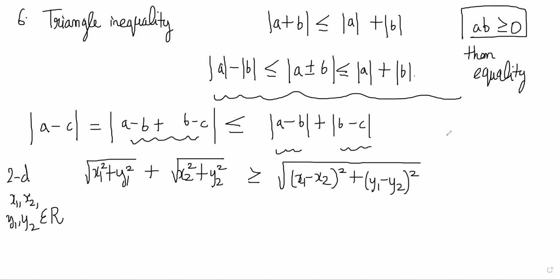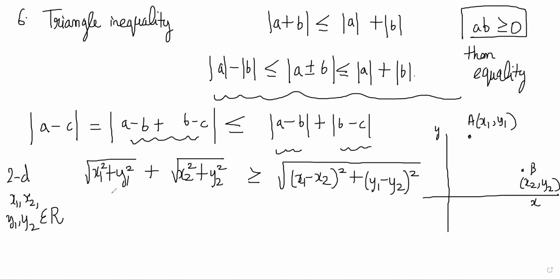And if you want to understand it, we can just draw a simple graph. This is the xy plane. And if you have one point here, which is x1, y1, and another point here, which is x2, y2, then what are these terms? Root over x1 square plus y1 square and root over x2 square plus y2 square are basically the distances of these points from the origin.